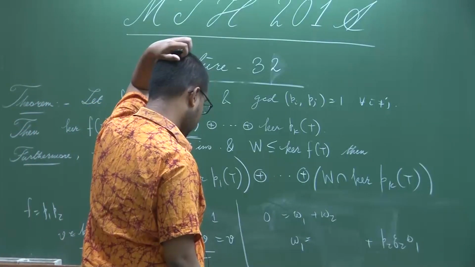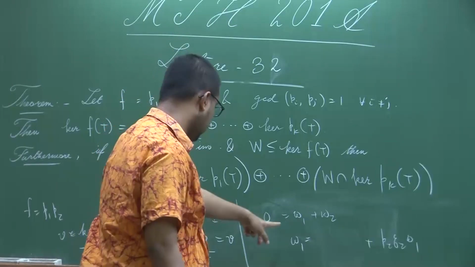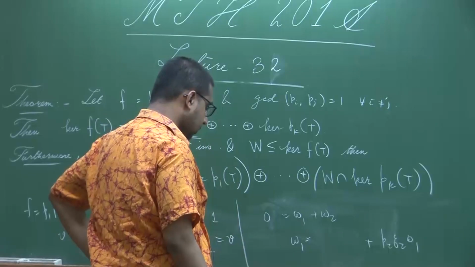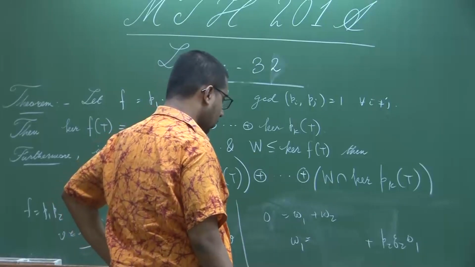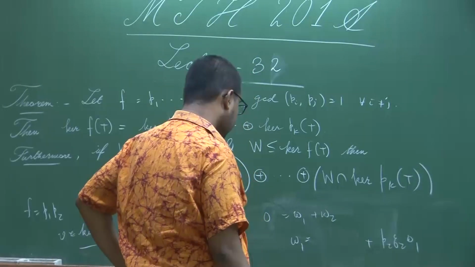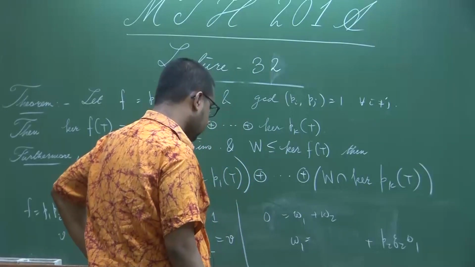We have to show that W1 and W2 both are 0. So, W1 is to be shown as 0, W2 is also shown to be 0.